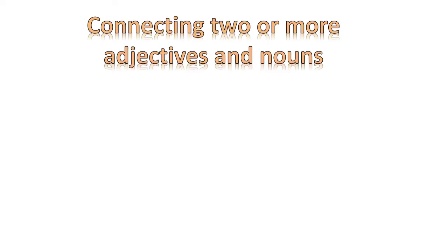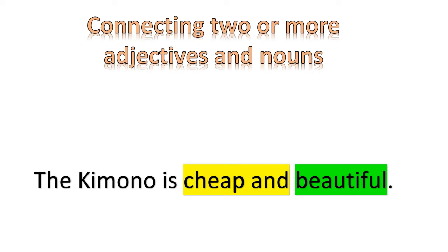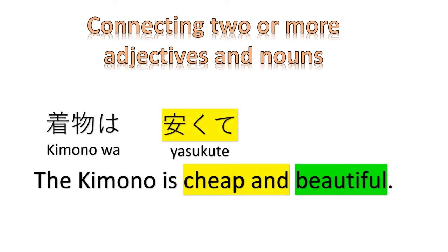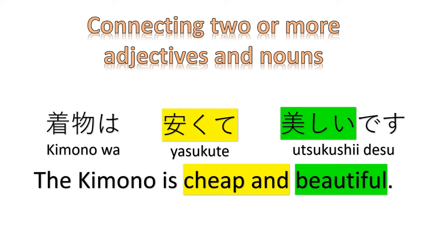Now we are going to connect two adjectives and two nouns. For example, this sentence, the kimono is cheap and beautiful. So how do we connect the adjectives cheap and beautiful? Kimono wa yasukute utsukushii desu.